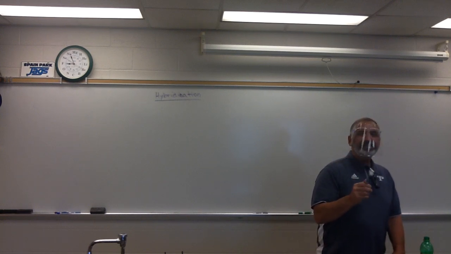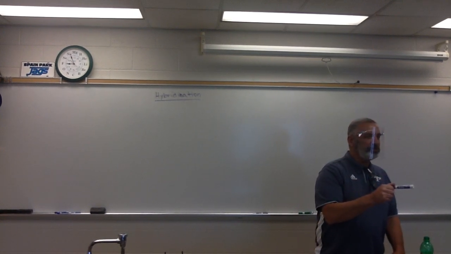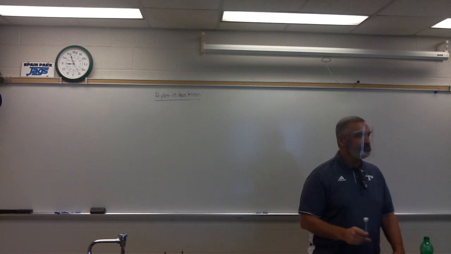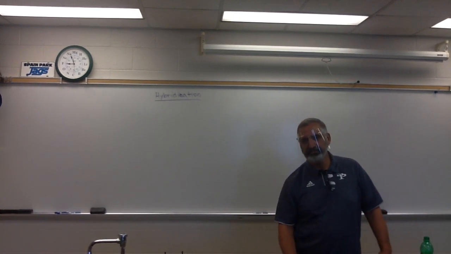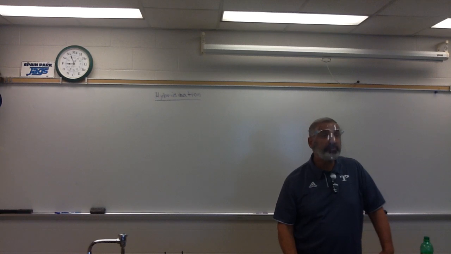The key is in that hybridization, it's a mixture of the two, right? Now, what is the definition of an orbital? The most probable place to find an electron. What's it based on?